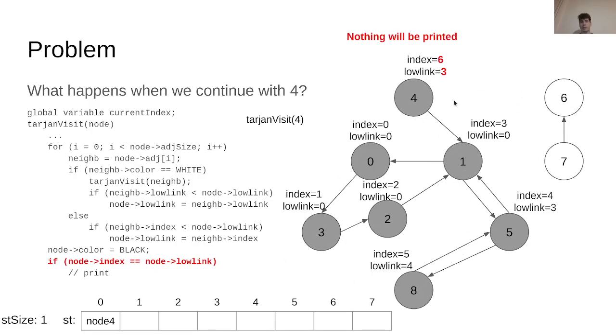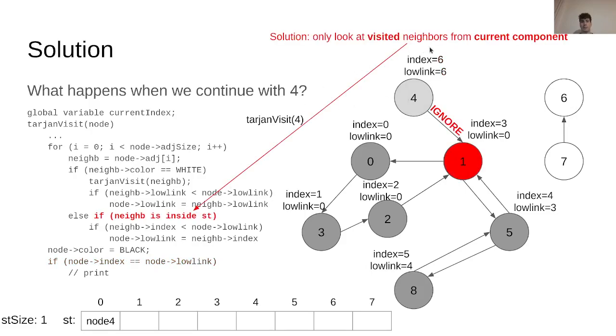It's not in the component of 4. So in order to fix it, we need to ignore 1. Since 1 is in another component, we can ignore its index, not update the lowlink.